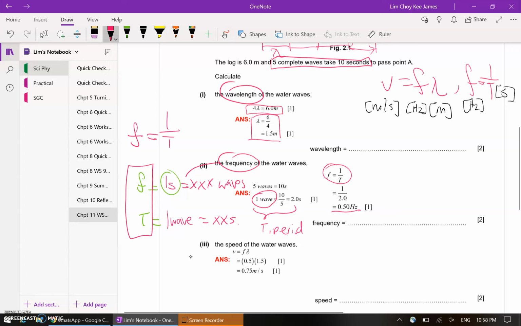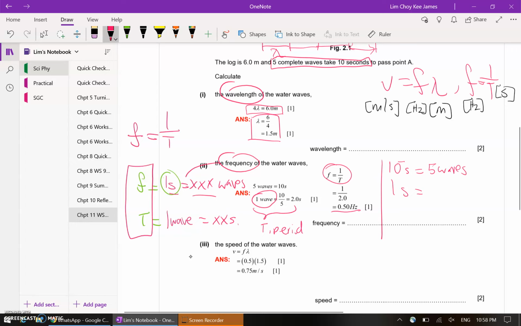Of course there are other ways to look at it. For example, if I know that 5 waves take 10 seconds, and I'm looking for frequency, frequency means, in 1 second, how many waves can I produce? If I have 10 seconds producing 5 waves, how many waves in 1 second?